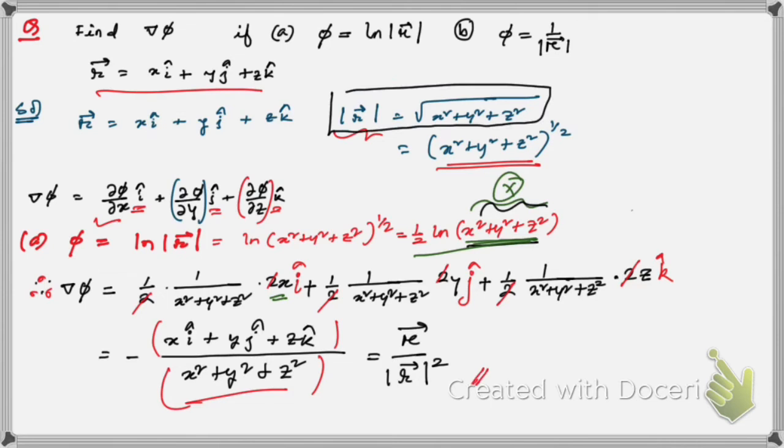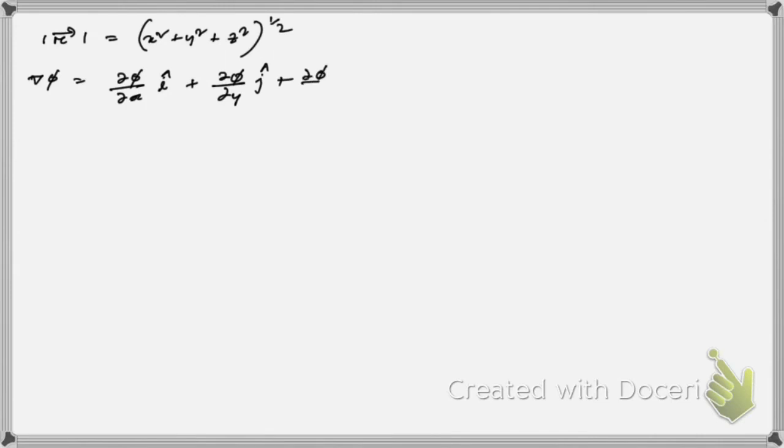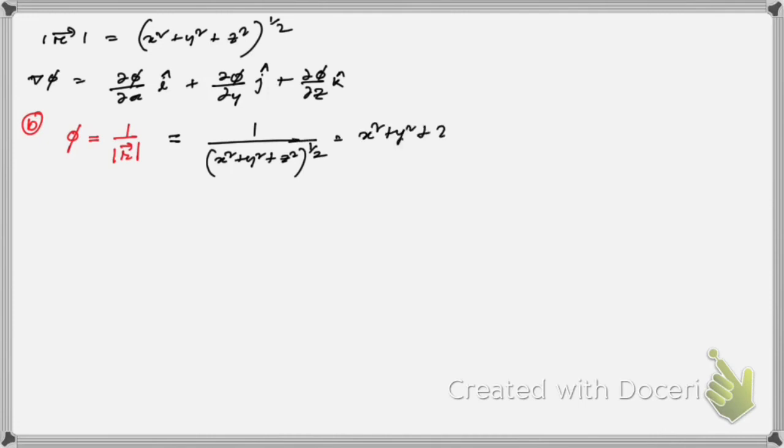So now let's solve the second part, that is φ is equal to 1 by the magnitude of r. So let me write the magnitude of r here, and grad φ is this, that we know. Now if φ is equal to 1 by mod r, then let's put the value of mod r here, that is to the power half, and it can be written as (x² + y² + z²) to the power minus half, right?